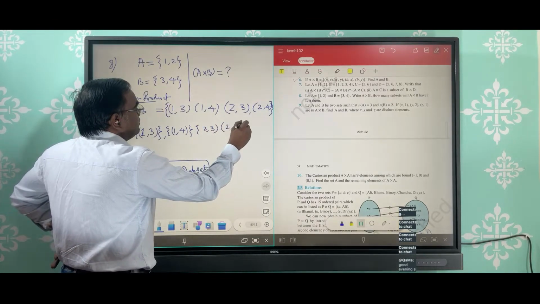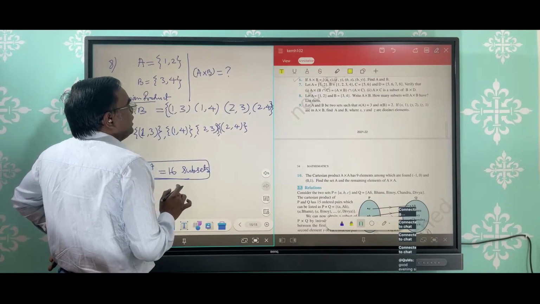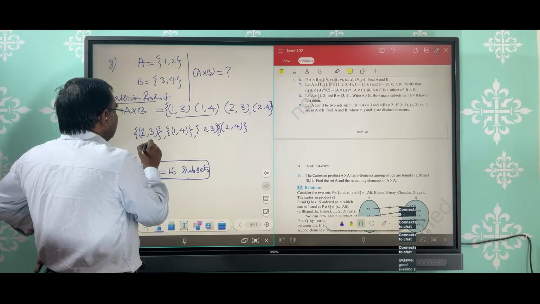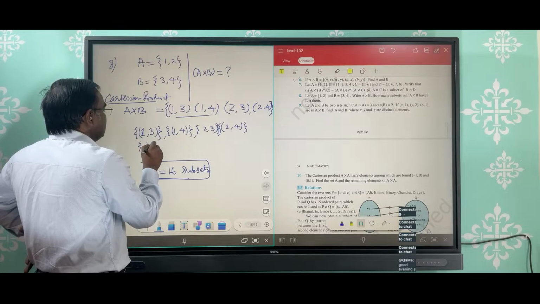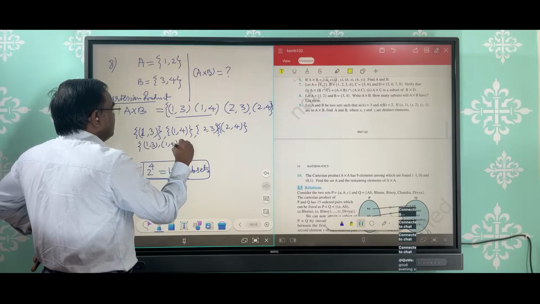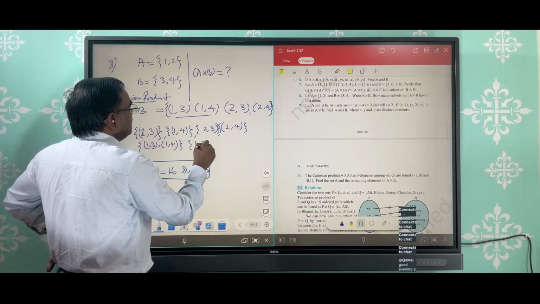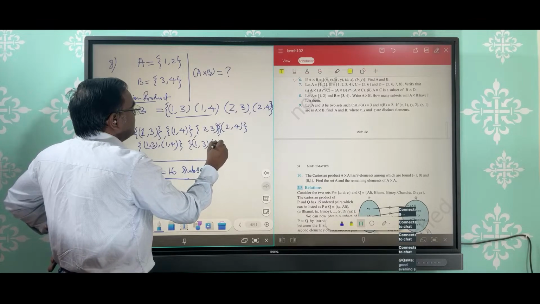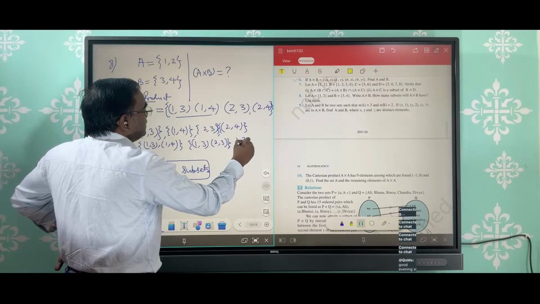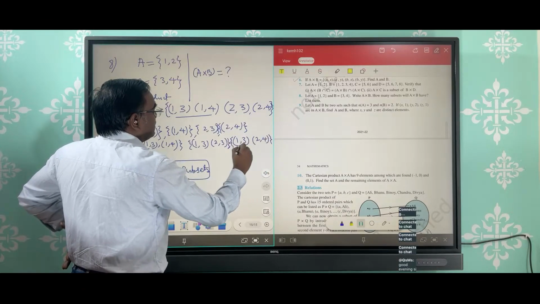So these are the subsets. Now take the combination of two. You will get the subsets (1,3) (1,4); again combination with this (1,3) (2,3); again with the last one (1,3) (2,4).